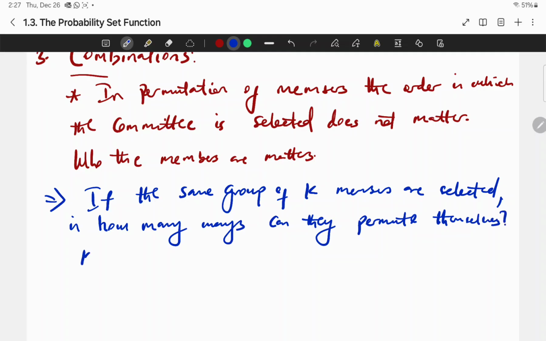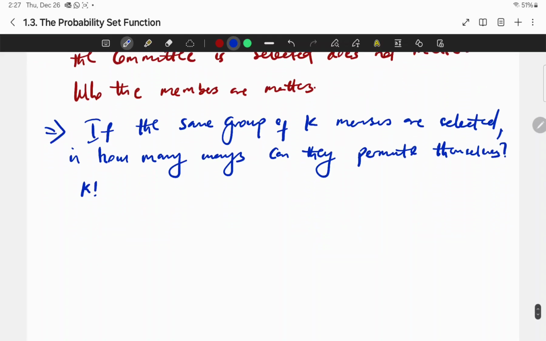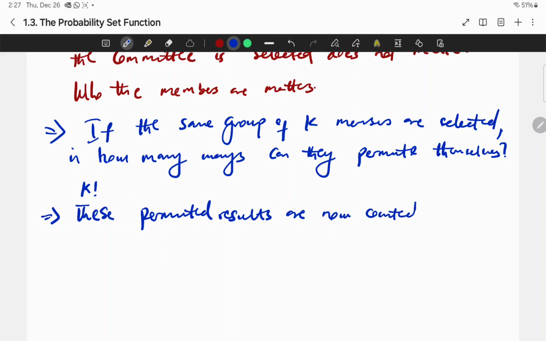The answer is k factorial, because we have k members. So this gives us the basic motivation for combination. These permuted results are now counted as one combination.